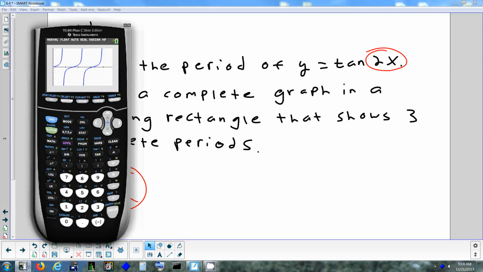So you get 2 in the middle, a half on the left, a half on the right. Technically, that's okay. But if I wanted to fix that, what values in my window would I have to adjust? Yeah? I'd have to adjust the x min and max.